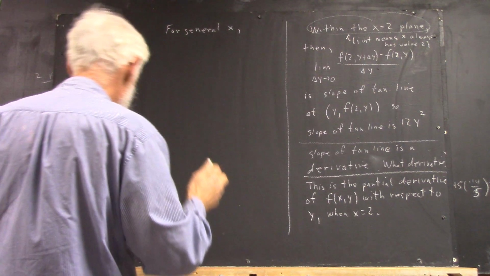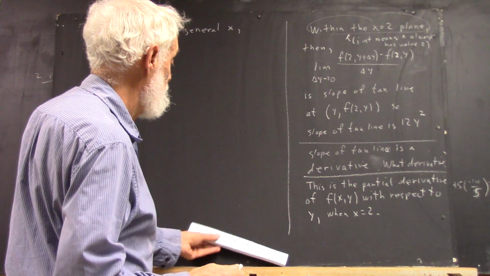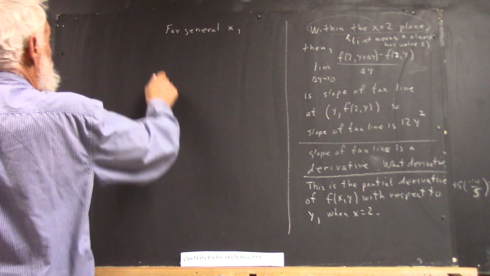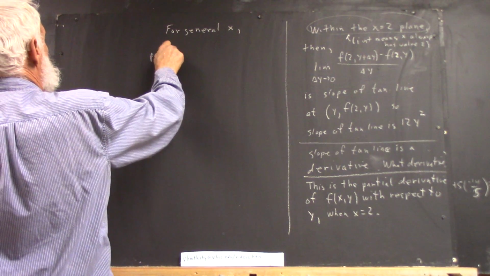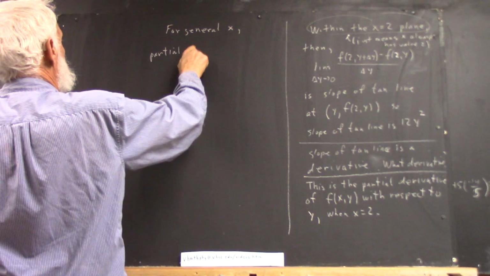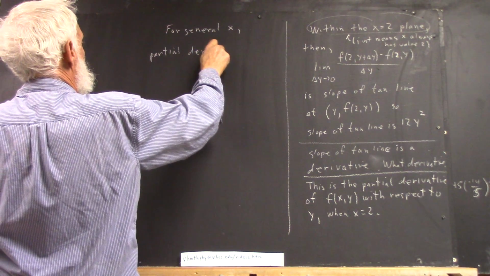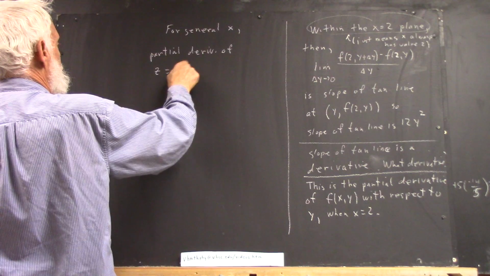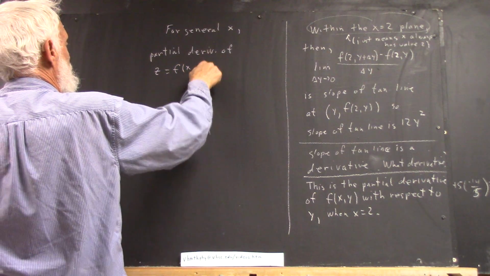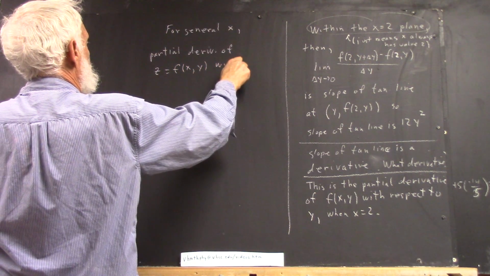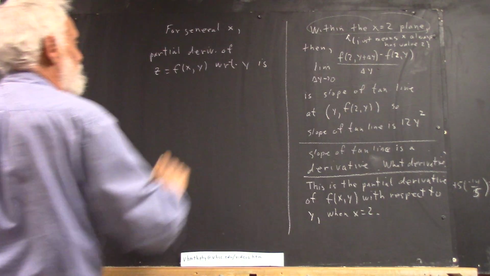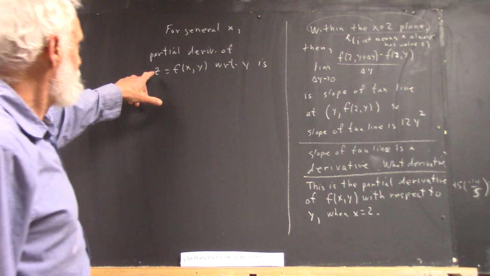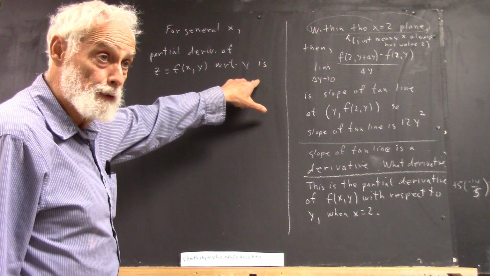for general value of x, the partial derivative of z equals f of x, y with respect to y.